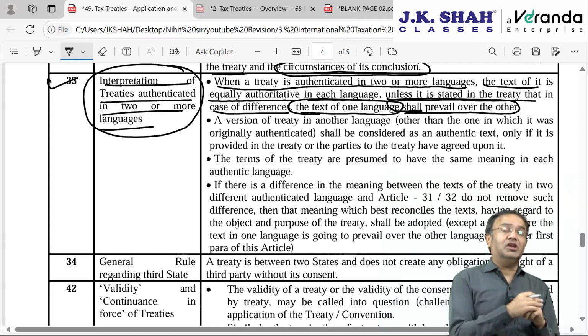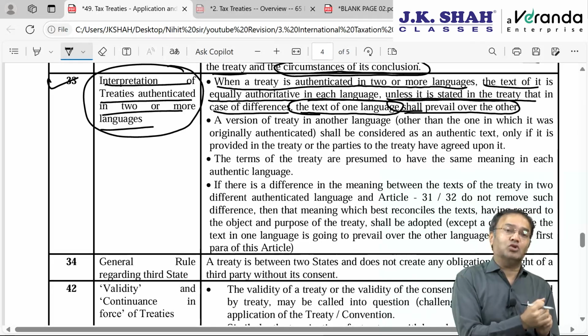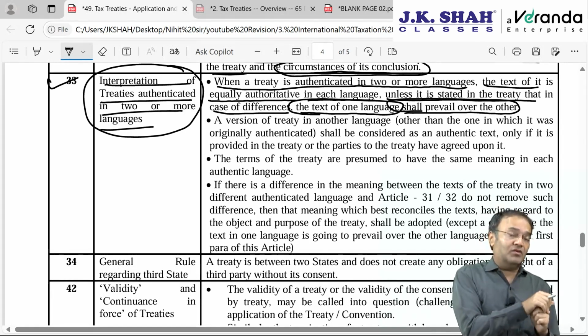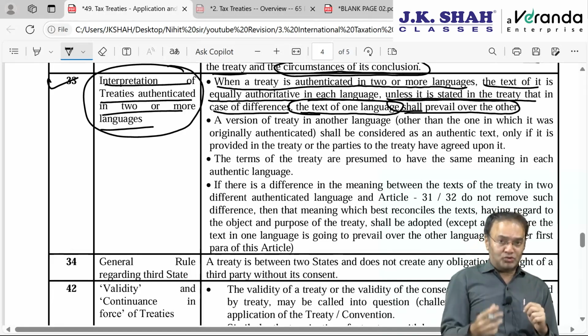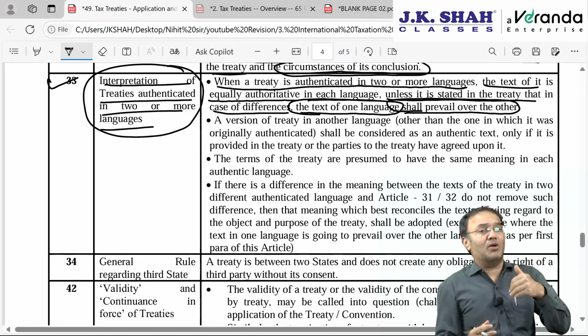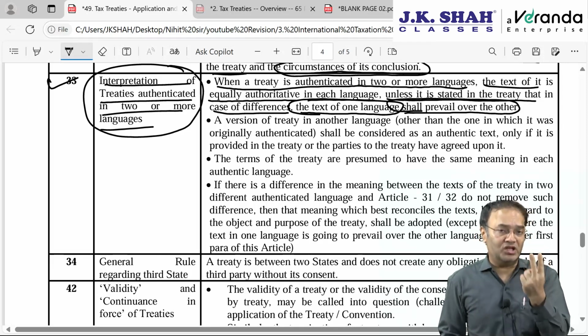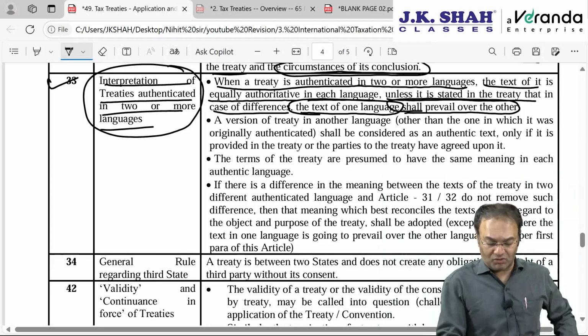Now supposedly tomorrow it is found that most of the people going from India to Malaysia and subjected to the treaty are those people who speak Malayalam. Then for the sake of benefiting those people from India who speak Malayalam, it is decided to come out with another version. Originally it is in the Malaysian language, the local language of Malaysia, and English, and now India intends to come out with another version. Then what to do?